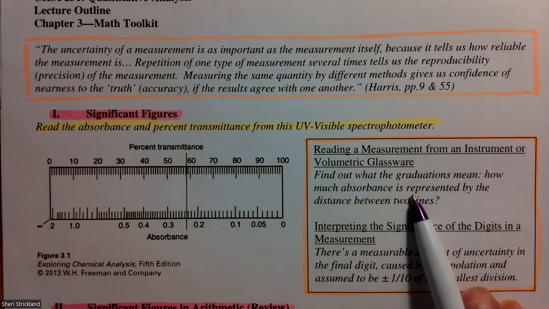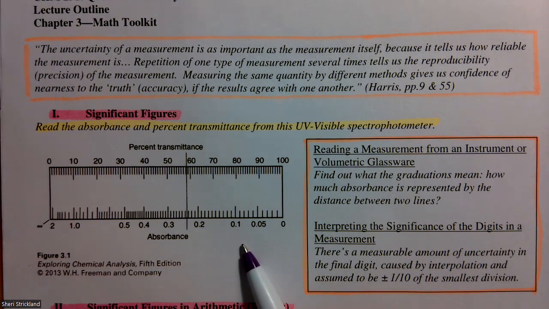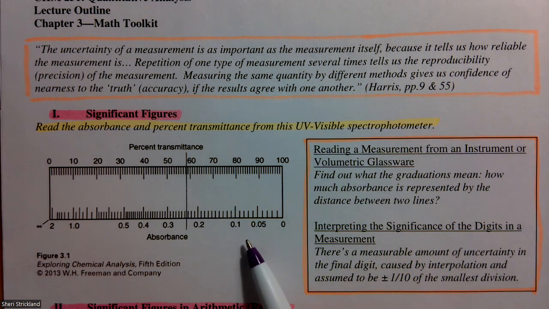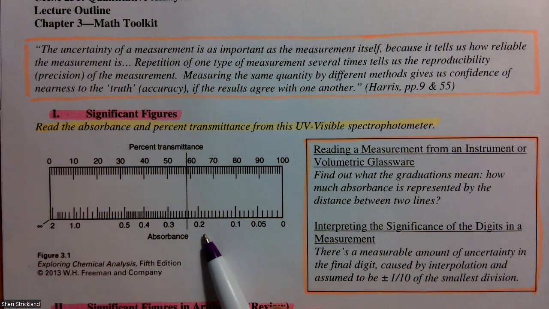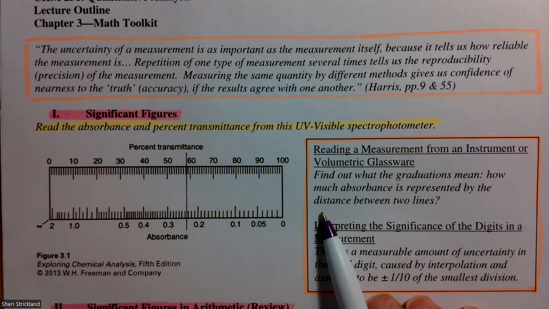So the first thing we need to be able to do is to read a measurement from an instrument or a piece of volumetric glassware correctly and get every bit of information that we can, because all of the information that's reliable is significant. It tells us something important. All right, so the first thing you want to do is find out what the graduations mean.